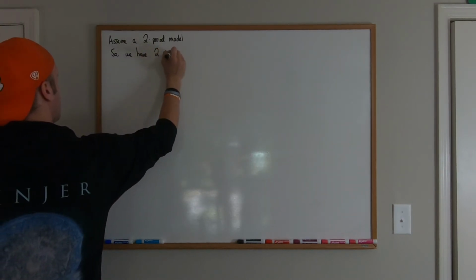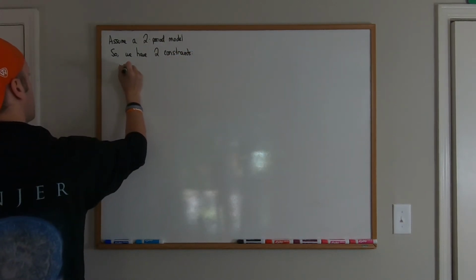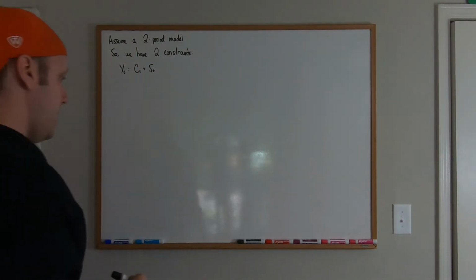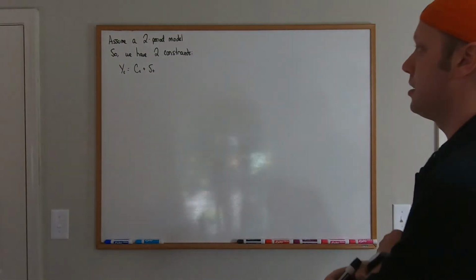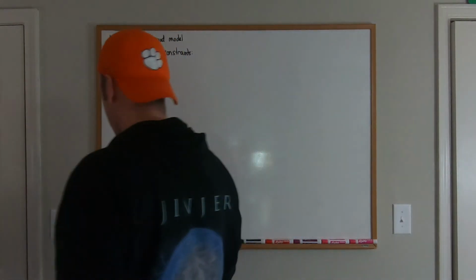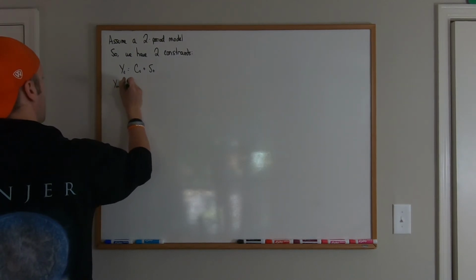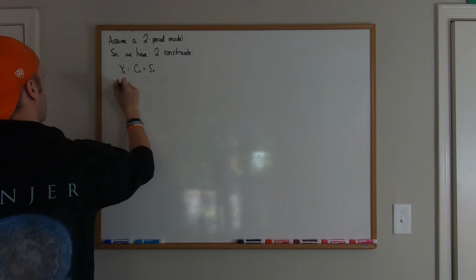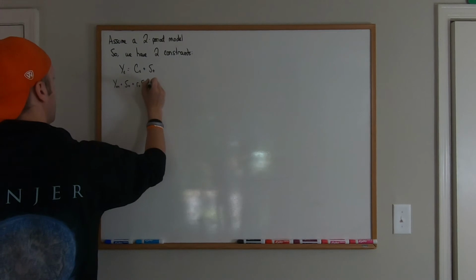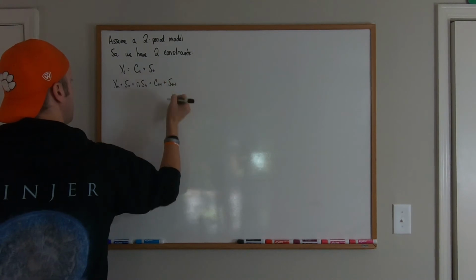So because this is a two-period model, we will have two constraints. The first constraint: y equals c plus s. All right, that's the constraint that the agent faces today. The second constraint is this.